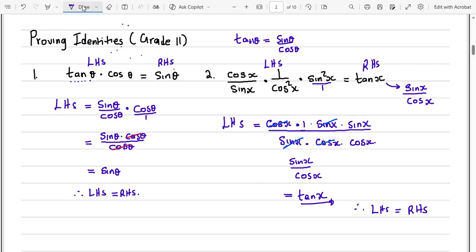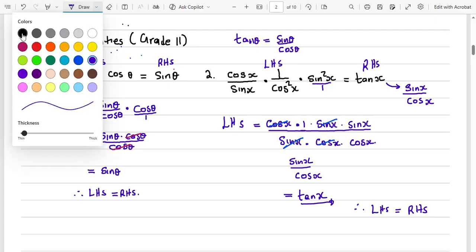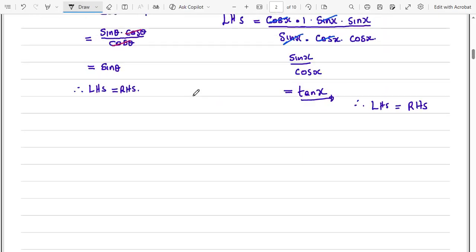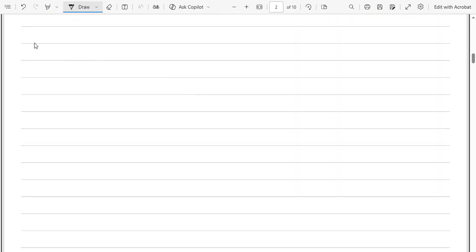So let's work on the example where you'll have to prove both sides, left-hand side, and you'll also be required to prove the right-hand side. So if I look at this, let's say I have the cos to the power 4 beta, and this is divided by the sine to the power 4 beta, then minus the cos squared beta over the sine squared beta.